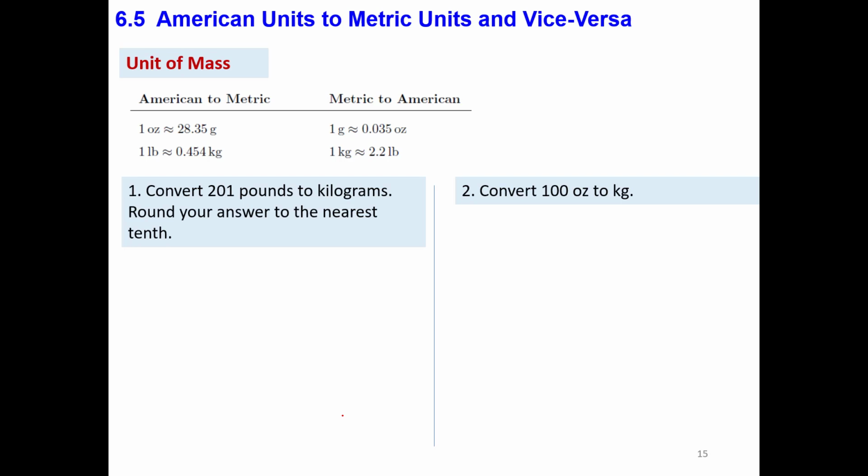Now we want to convert 201 pounds into kilograms. Let's write this one as 201 pounds into kilograms.